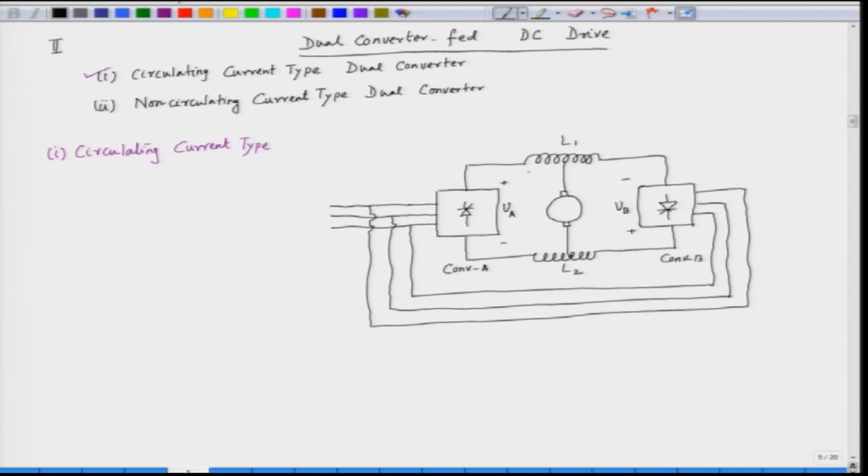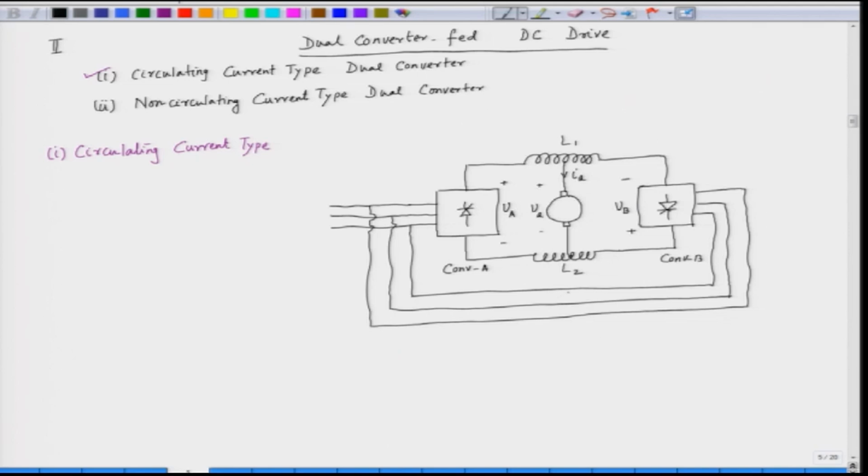The armature current direction is usually shown as I A, and the armature voltage is V A.